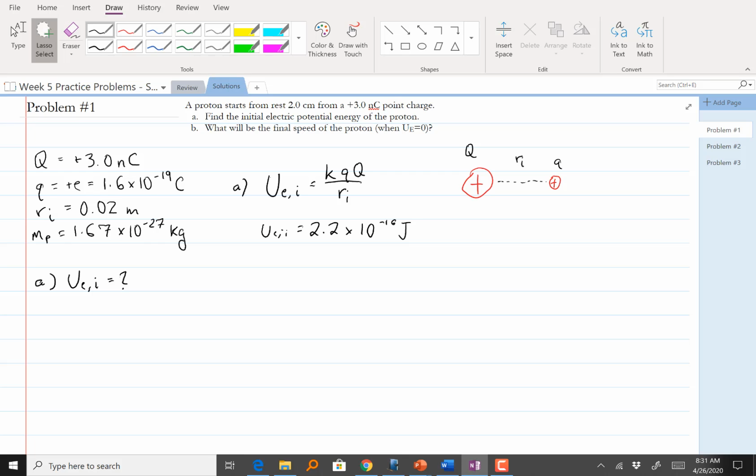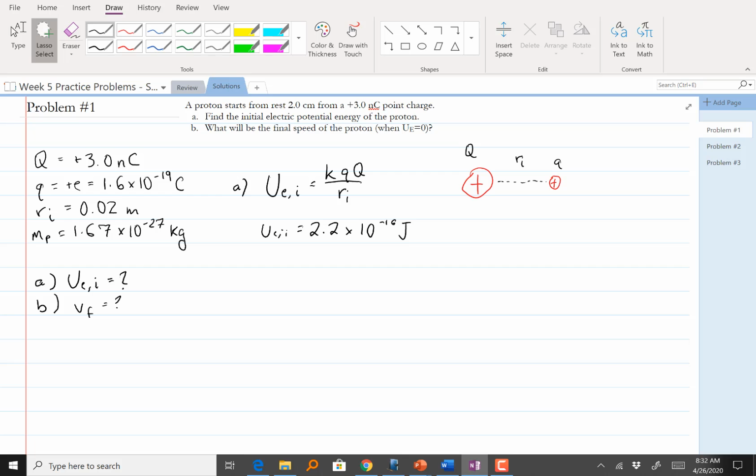All right, and then part B, I'm being asked to find the final speed of the proton. So we're talking about letting the proton go, so it's free to move. It's going to start speeding up from the force from that other positive charge, moving away. But there's this point where I've essentially used up all of the electric potential energy that I started with.